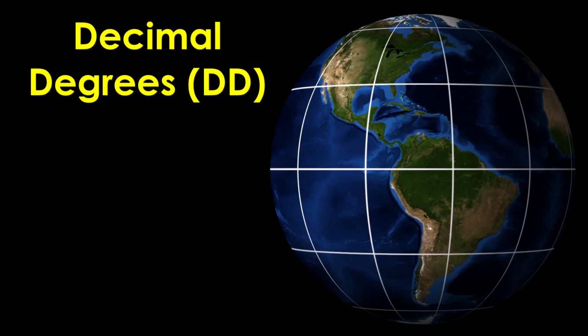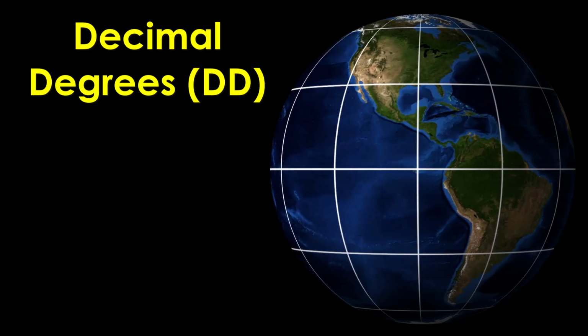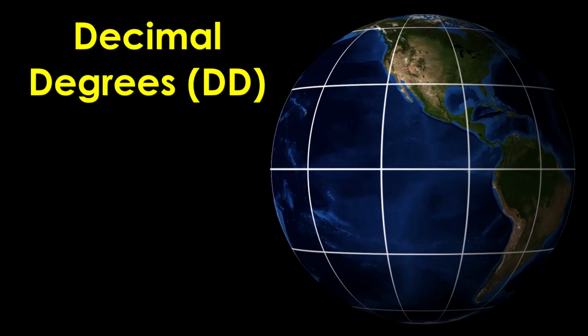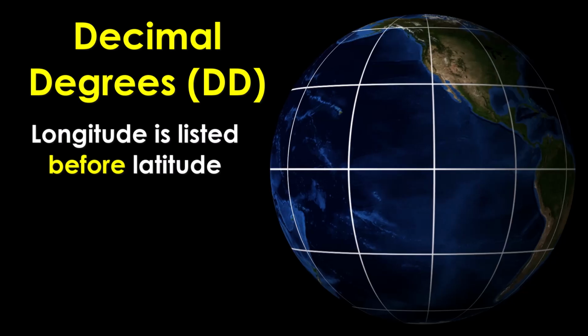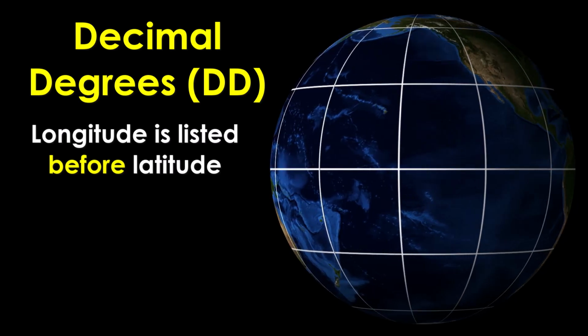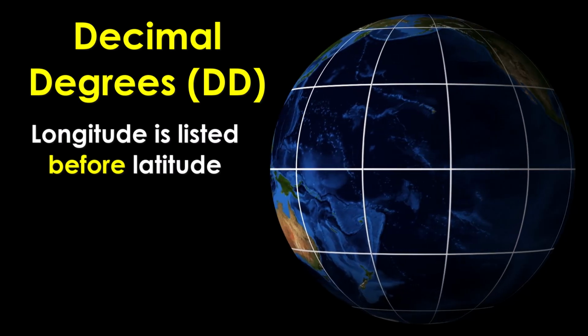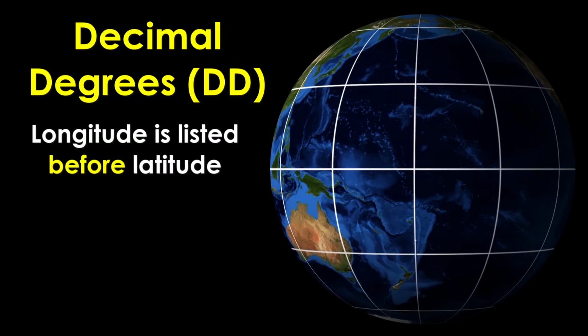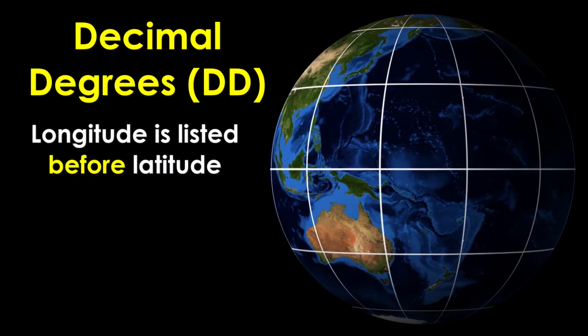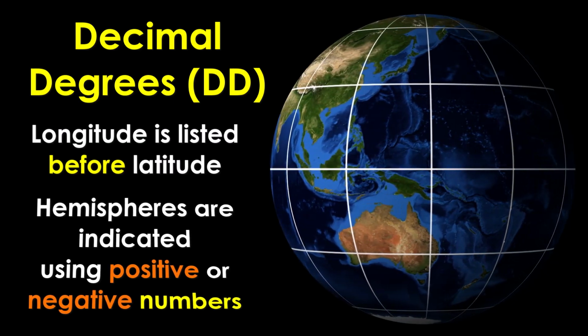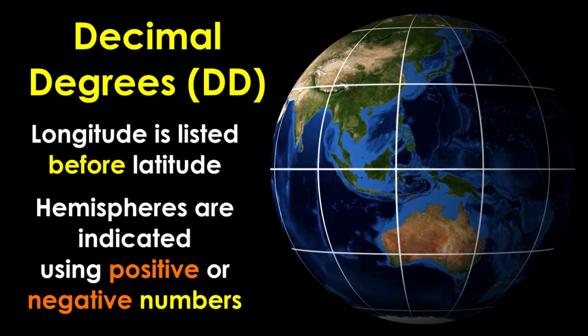Decimal degrees differ from DMS in several important ways. First, the order is reversed. Longitude is listed before latitude in decimal degrees, which is the opposite of DMS. Second, we do not use letters to indicate hemispheres. Instead, we use positive or negative numbers.